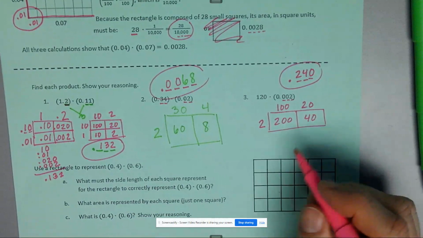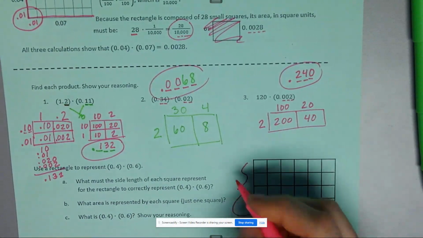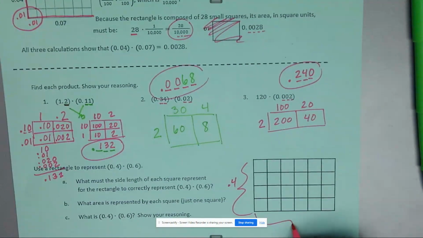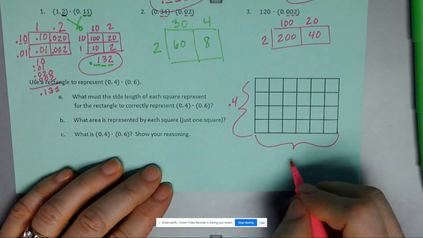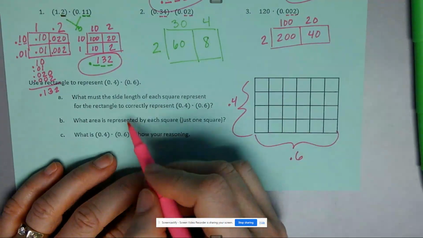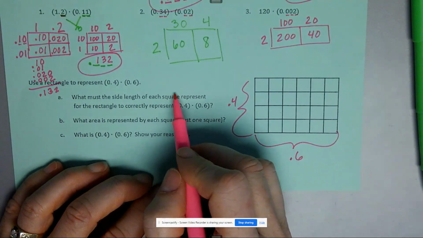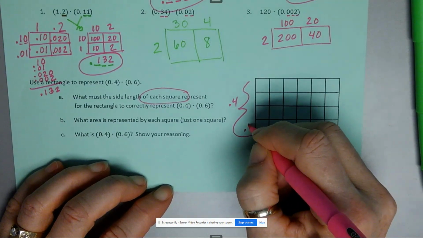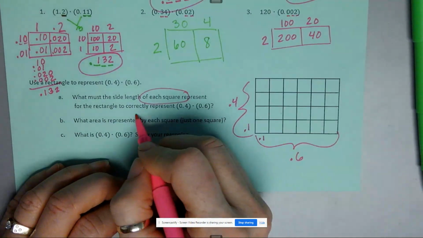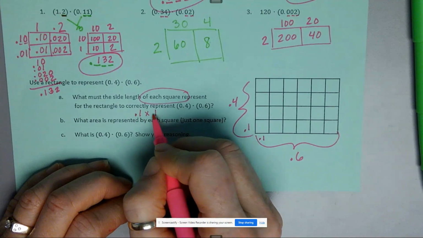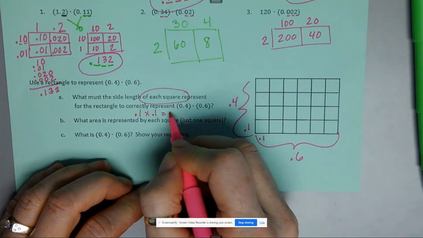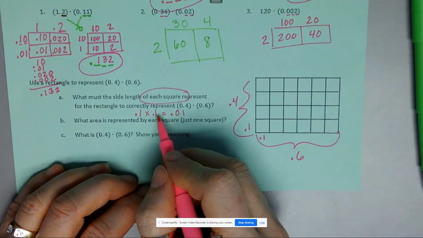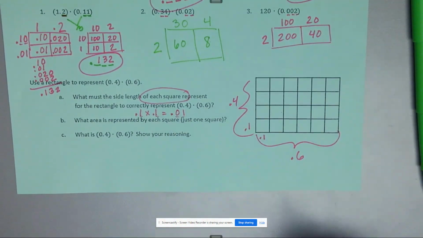If this whole rectangle is 4 tenths on this side and 6 tenths on this side, what would 1 square be? When it says each, that means 1. Well, that means that's a 1 and that's a 1, and 0.1 times 0.1, or 1 tenth times 1 tenth is 1 100th, right? 10 times 10, 2 places.